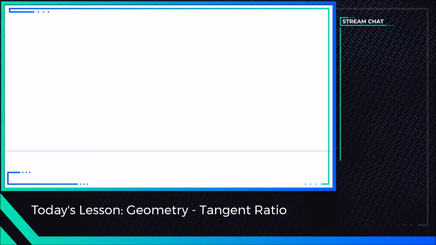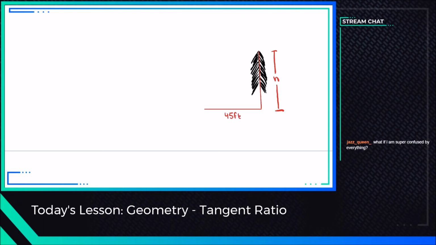We're going to go ahead and draw a tree. And so our tree is going to have some height down the center here, and we're going to call that H. And now let's say we're standing 45 feet away from the base of this tree at a right angle, of course.